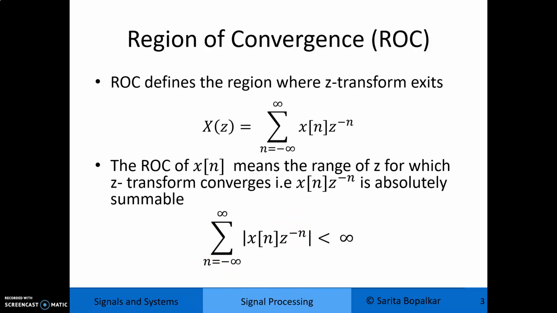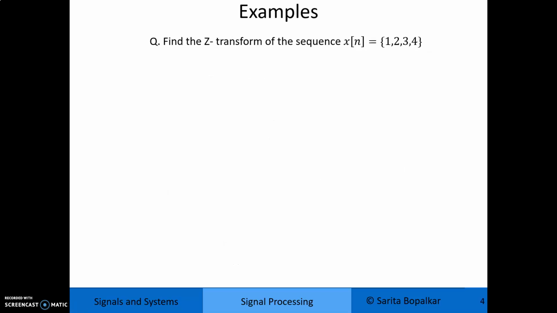We should get some finite constant value. This is about ROC. Now let's solve one example so that you can understand how to apply the definition of Z transform and how to find its ROC.